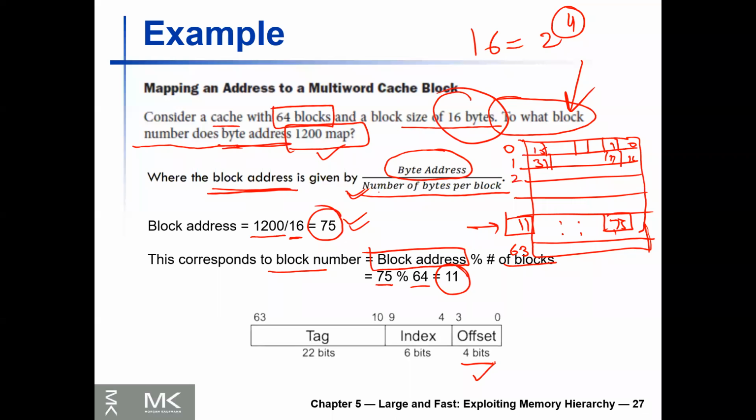So 4 bits for the byte offset, 6 bits for the block index, because this is 64, that is 2 to the power 6. And the remaining is the tag, which is 22, bits 31 down to 10. This is what the address is. So is this clear, guys? Understood up to here?